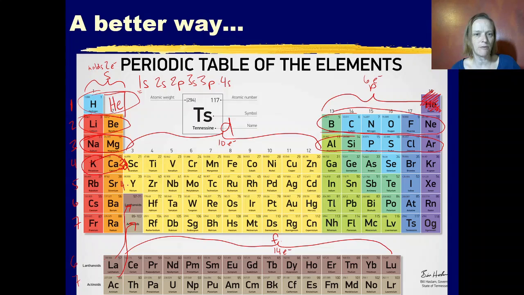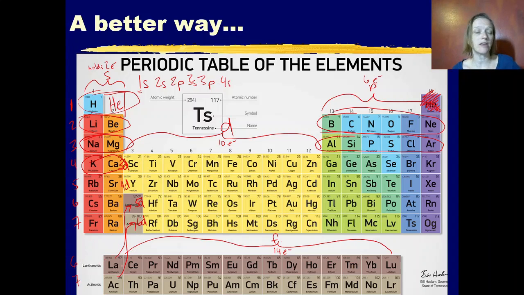Similarly, this is the 4D sublevel. This is the 5D sublevel and the 6D sublevel. You always subtract 1 from the period to get the energy level. There's a similar rule for the F block, except this time you don't subtract 1, you subtract 2.